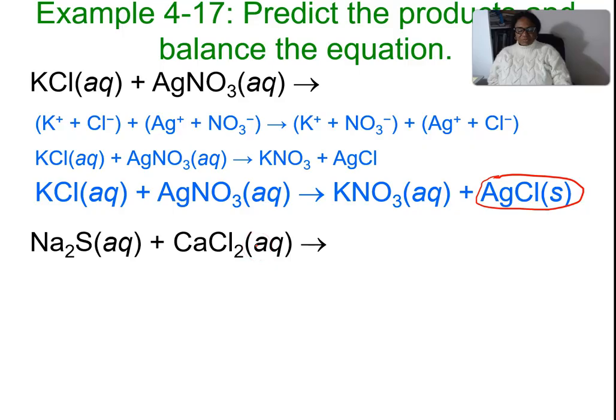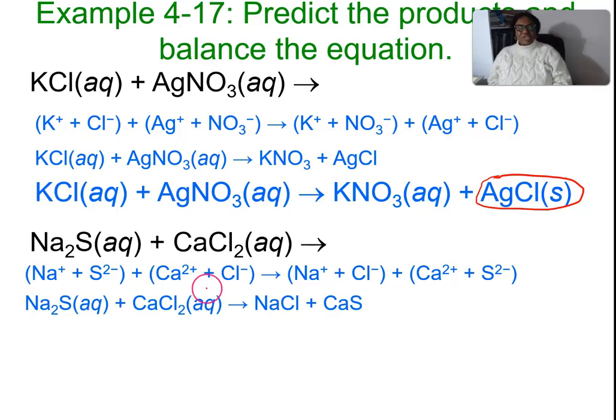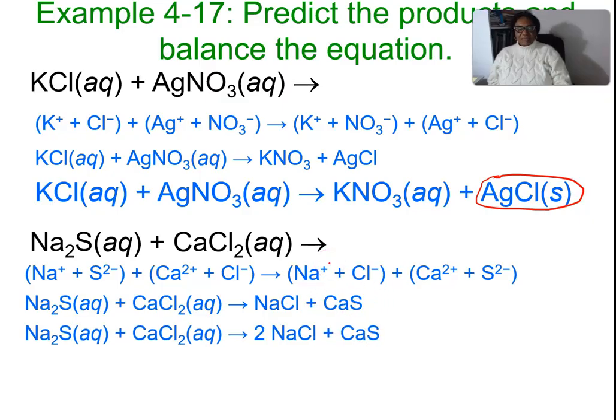Let's try this one. We'll do the same. We'll break it. We exchange the ions. The next stage, we want to write the formulas by balancing the charges. Now we go to our solubility table to check the state. Is it a solid? Is it a liquid or a gas?